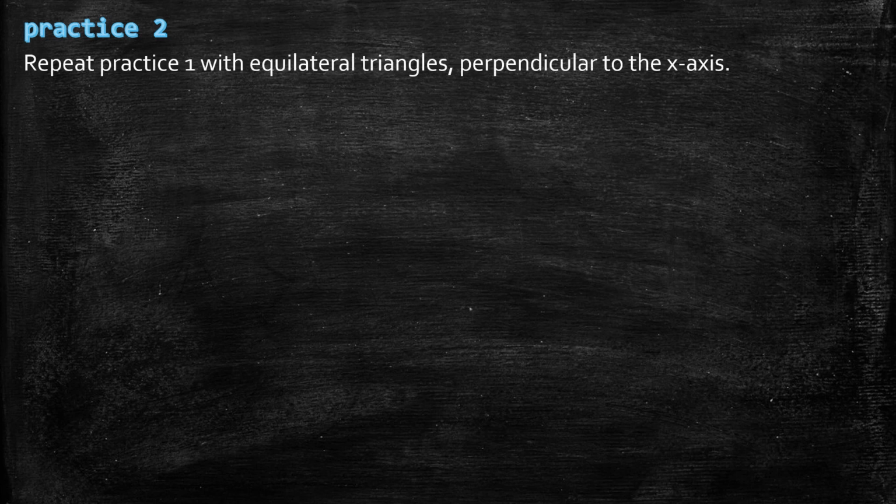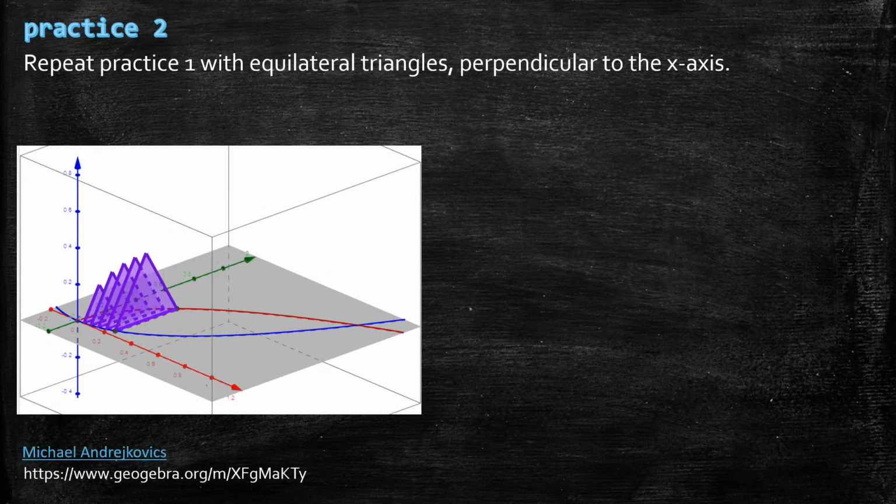So for our second practice problem, we are actually going to take the same region as for the first one, and this time we're going to build a solid by using equilateral triangles perpendicular to the x-axis. So again, from this website by Michael Andrzejkovic, I'm not sure if I'm pronouncing it correctly, he created this on GeoGebra.